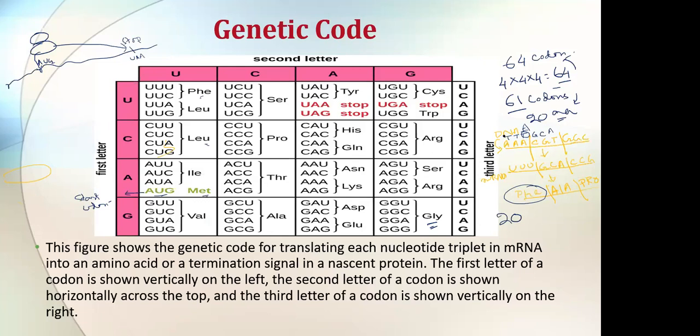So TTA means basically a different codon, and it converts into a different amino acid.